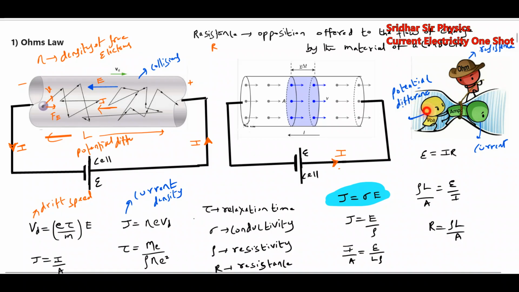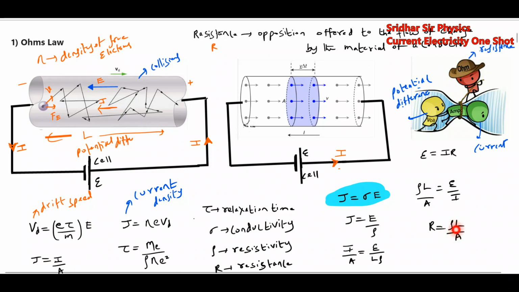When we apply the potential difference across the cell, it will push the charge. Then the material will offer resistance to the flow of charge. Will it block the flow of charge? No, it will oppose it. It will just control the flow of charge. So that's what we'll call the electrical resistance.